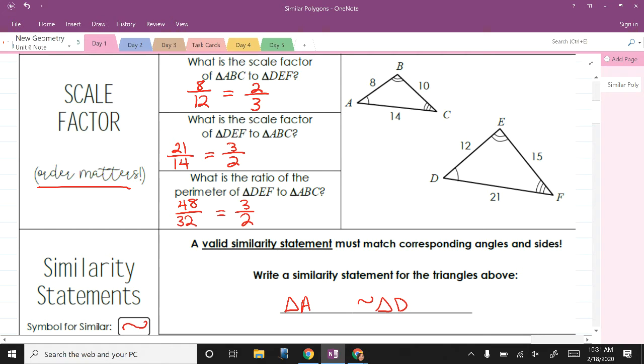D. Angle B is congruent to E. And angle C is congruent to F. So, the angles are still congruent even though sides are proportional. Okay? So that is a similarity statement. You have a squiggle between the two triangles. And I say triangles, we're mostly going to be dealing with triangles in this unit, but today we might see a few quadrilaterals or something. Okay? All right.